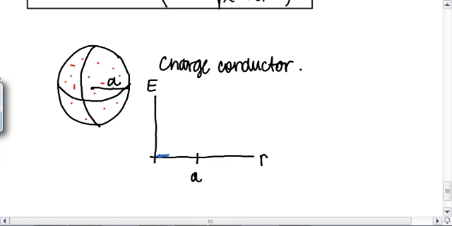So inside this charge, that's 0. Then what is it from A to infinity? Right, it looks like a 1 over, I'm going to put an asymptote right there. So something like that. So the electric field is proportional to 1 over r squared.